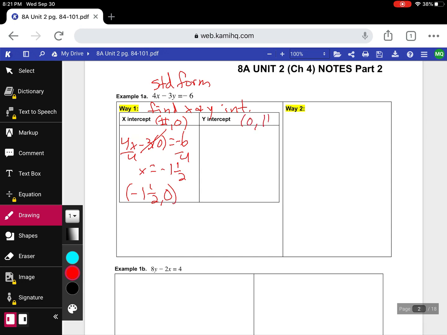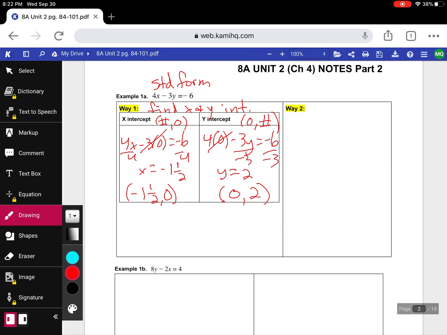I do my y-intercept, which is 0 comma a number, which means I plug 0 in for x and solve for y. 4 times 0 minus 3y equals negative 6. We get y equals 2. That's going to be 0 comma 2. And then we would graph both those points and connect the line, and there we have it.